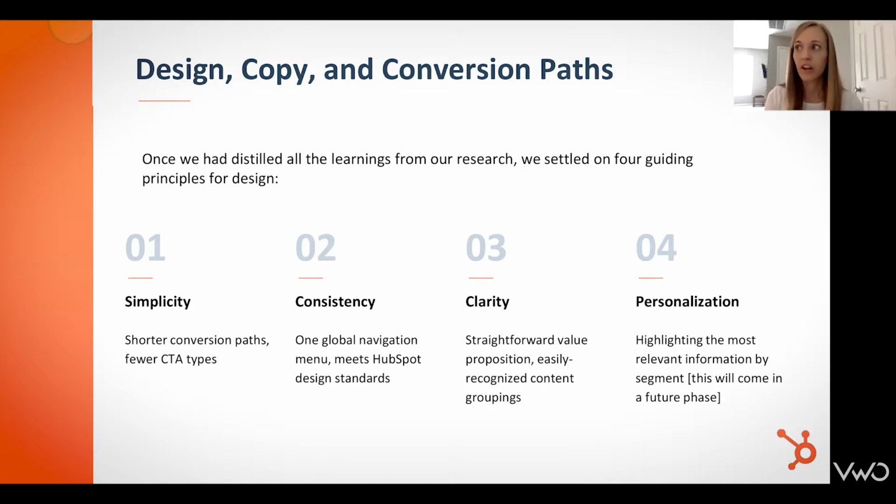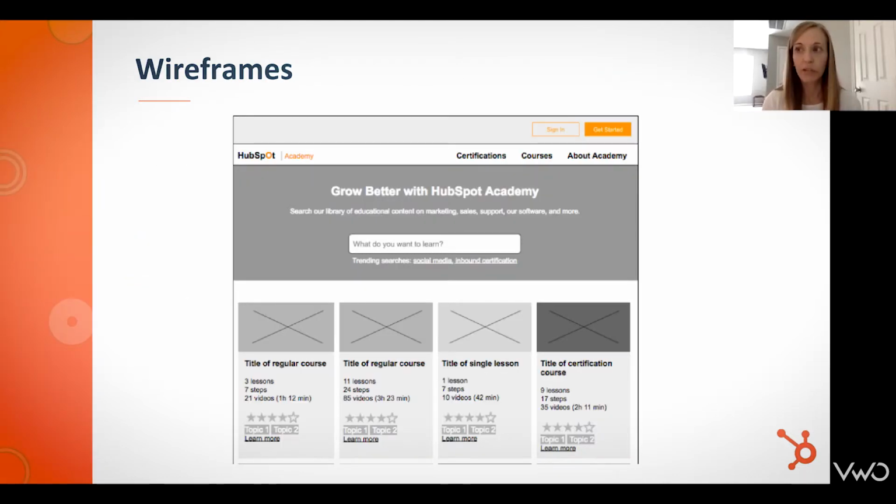Once we had our guiding principles in line, we moved into the first phase, which was wireframing. Our designer created these wireframes in Google Docs, and we were able to use those collaboratively across different stakeholders, being able to tag different parts of the doc with a question or a comment, any kind of feedback.